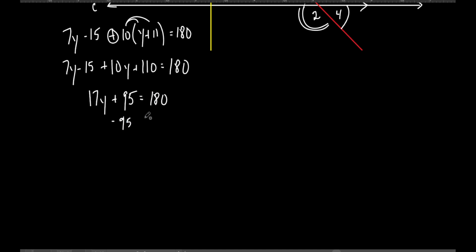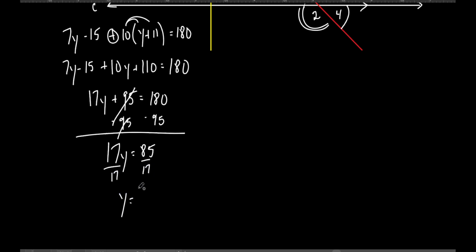Subtract 95. Okay, that cancels. 17y equals, and what is that? 85. Divide by 17. I don't know that off the top of my head either, but I did take notes on it, and it's 5. It comes out to 5.